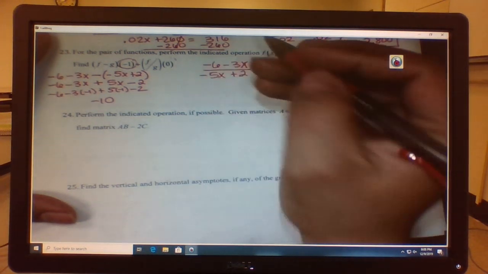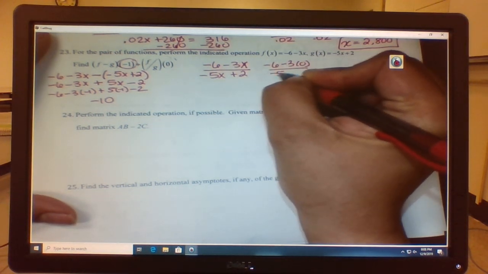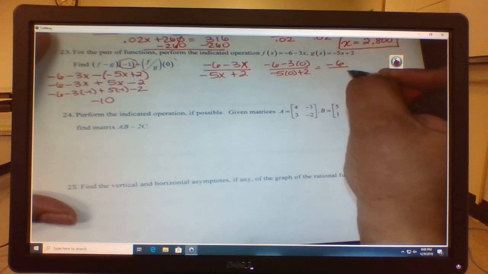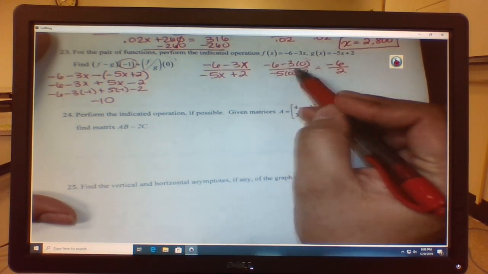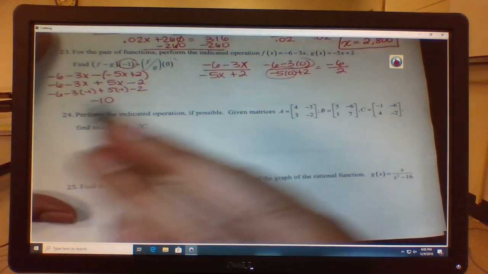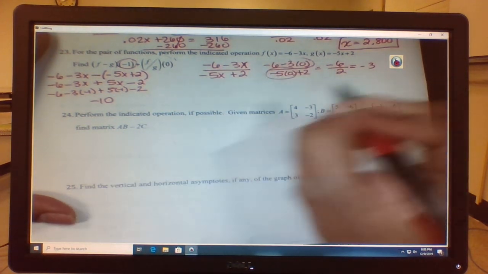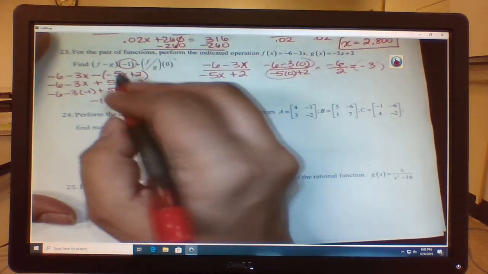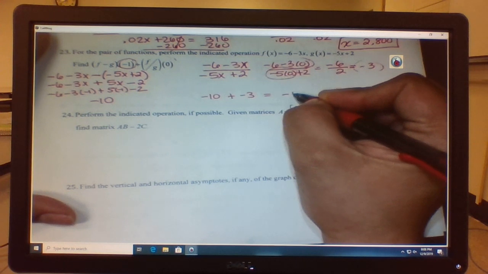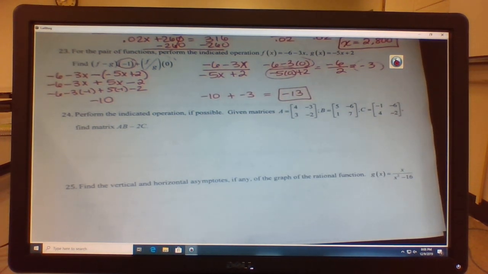A 0. So this becomes -6 minus 3 times 0 over 5 times 0 plus 2. This just becomes -6 over +2, because the x terms are just 0. This is -3. So what am I supposed to do with this number and that number? It says to add them. So I have -10 plus -3 equals -13.